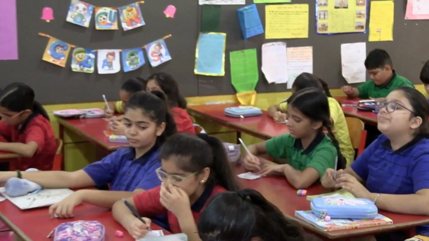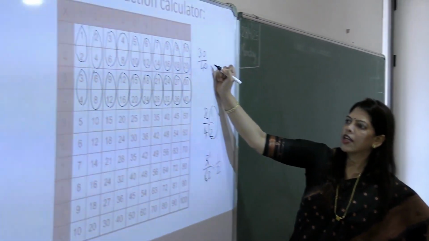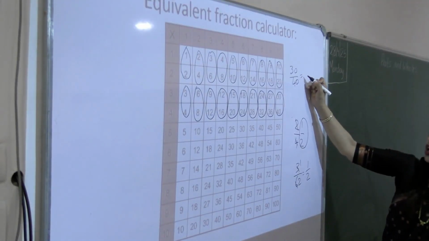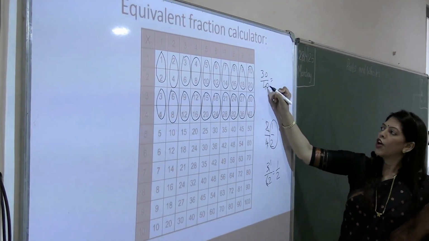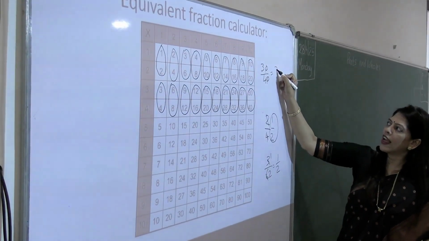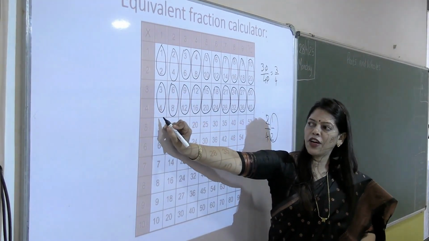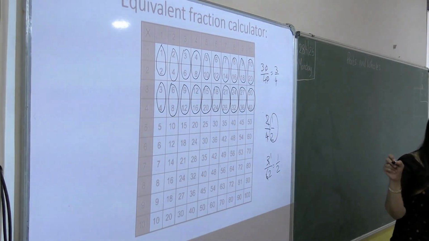Now we will look at the last one, 30 upon 40. And the first one is 3 upon 4. Can you just tell me how do I convert this into the lowest term? I just remove the zeros, what will I get? 3 upon 4, which is the first fraction here.